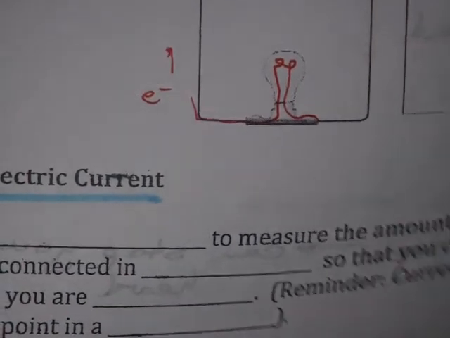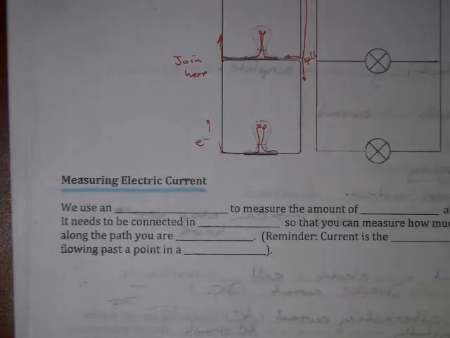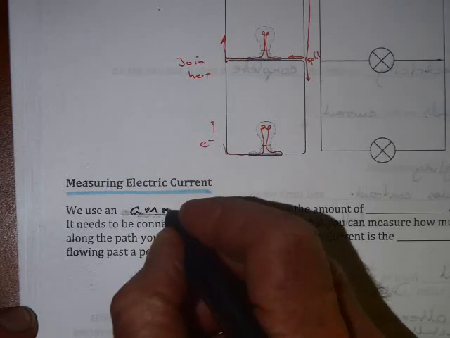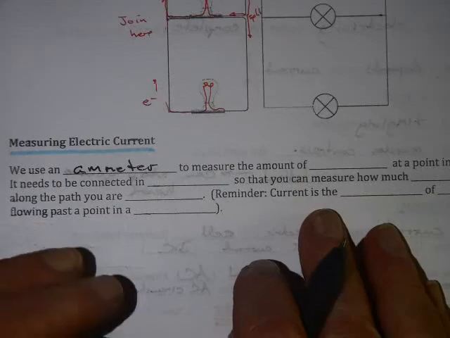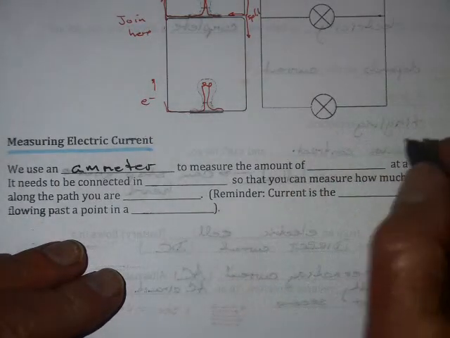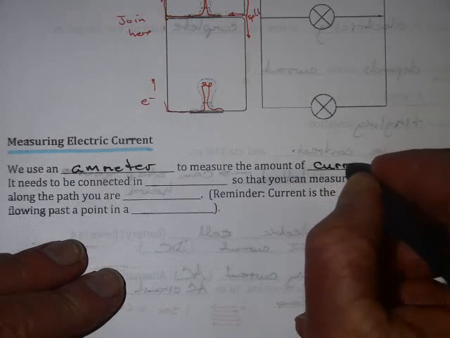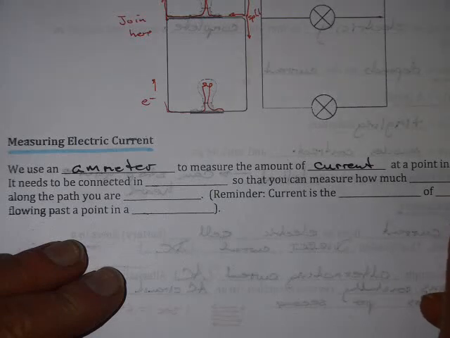Getting back to the notes, we use an ammeter, AM meter, to measure the amount of current at any point in a circuit. Current at a point in a circuit.